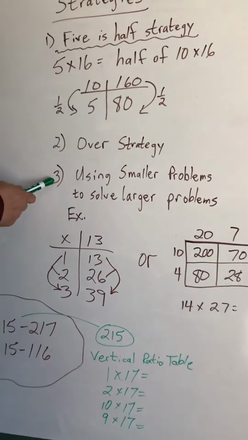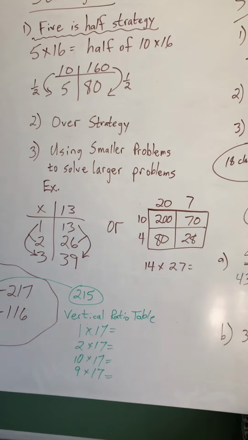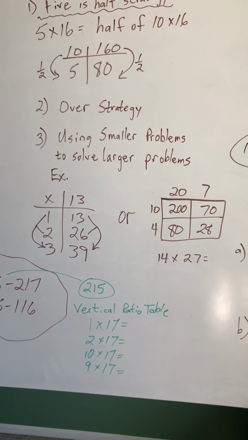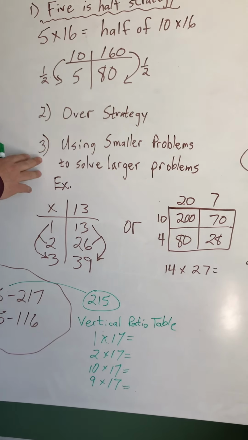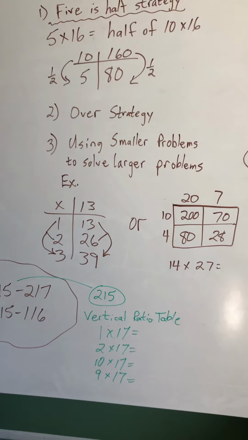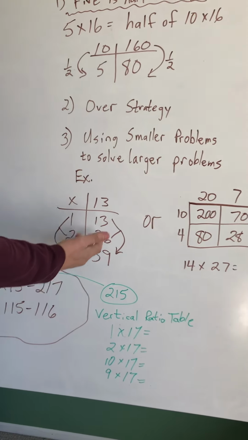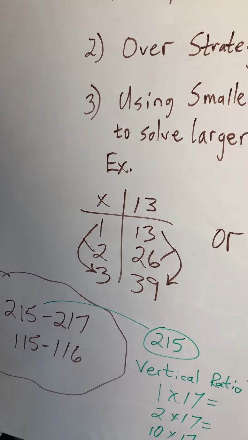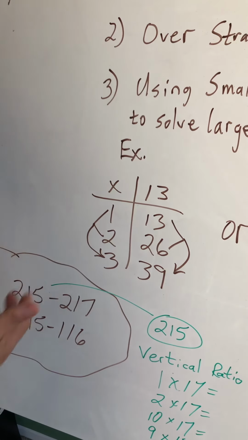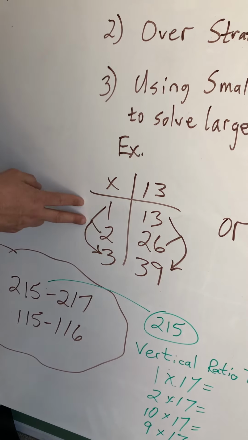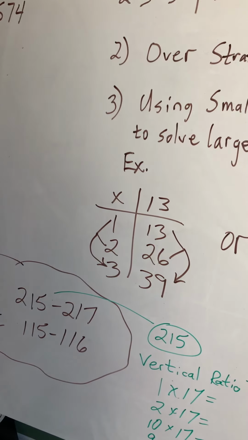And then Bridges talks about, and this is all in the Teaching Masters, which you guys don't have, this is what the fourth grade teachers would have done with you on the camera using the Bridges teaching pages. But anyway, number 3 is using smaller problems to solve larger problems. That's basically like a times 13 ratio table, where if you know 1 times 13 is 13, you know 2 times 13 is 26, then you know that 3 times 13, if you add 1 and 2 together and add their products together, you get what 3 times 13 is.